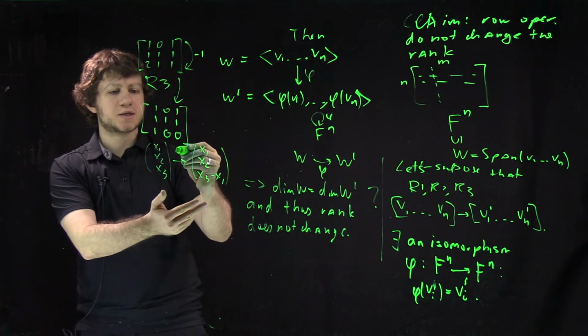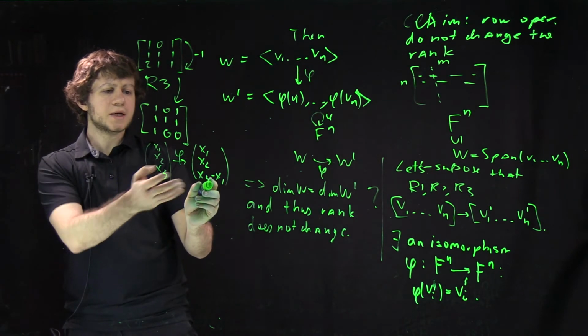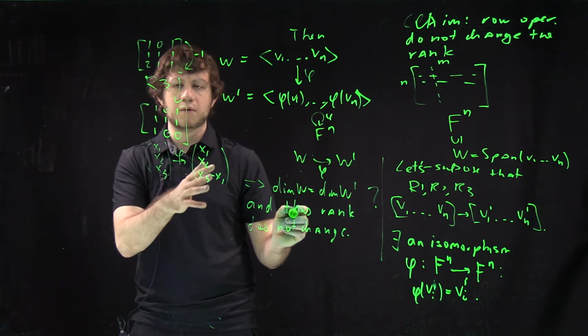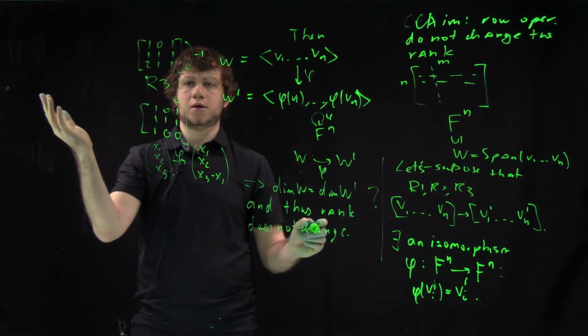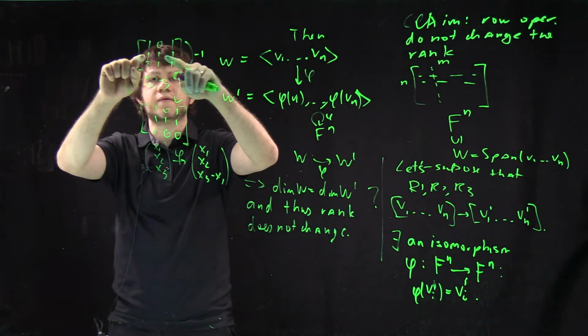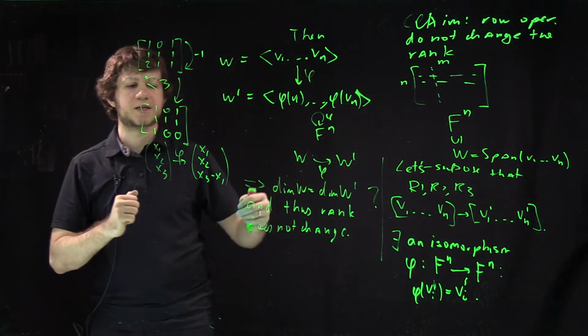This is my phi. The fact that it is an isomorphism is very simple. So we see that we are in the setting: there exists an isomorphism moving these three vectors to these three vectors, so the dimension of the space they span will be the same.